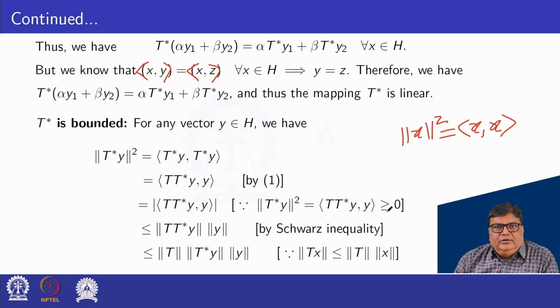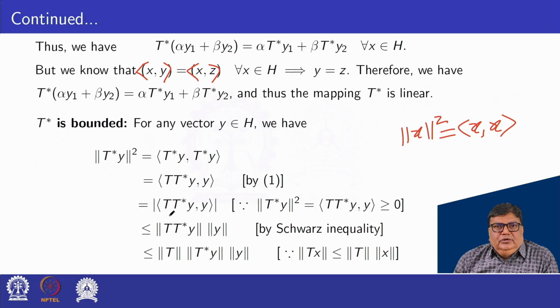Norm is greater than or equal to 0, so this can be written as positive. So by the Schwarz inequality, this is less than or equal to the norm of T star y into the norm of y.